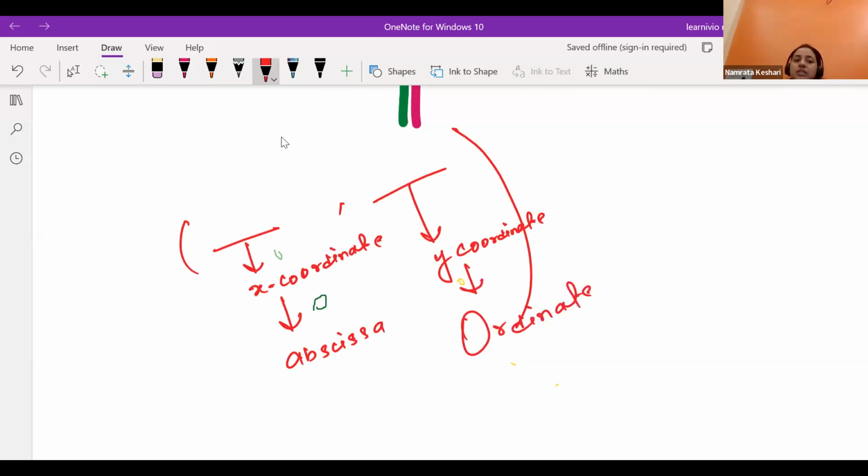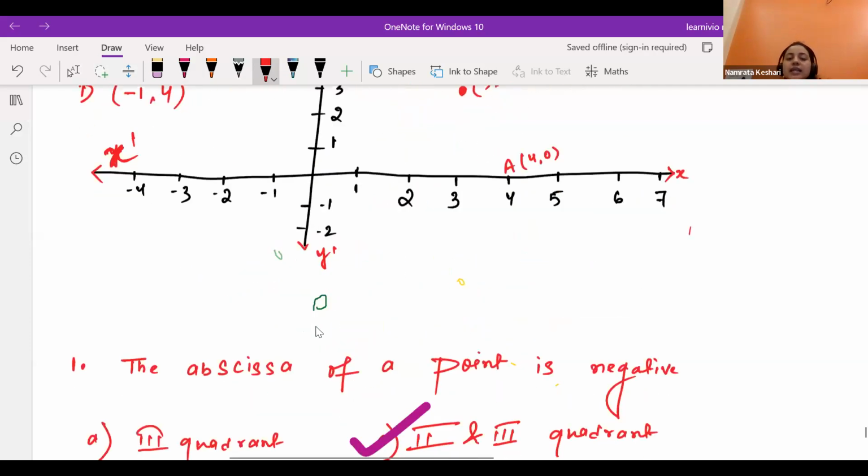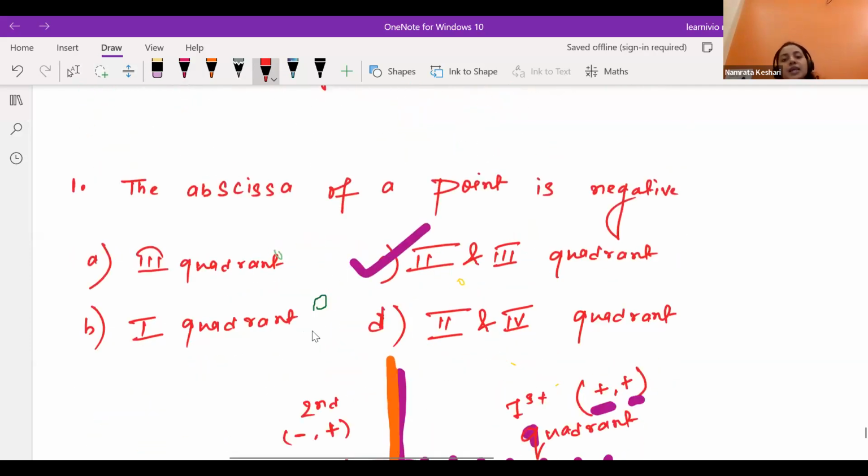Okay, now the question says that abscissa of a point is negative. That means x coordinate is negative in which quadrant? First, second. Okay, let's see the options. Option A, third quadrant. Option B, first quadrant. Option C, second and third quadrant.